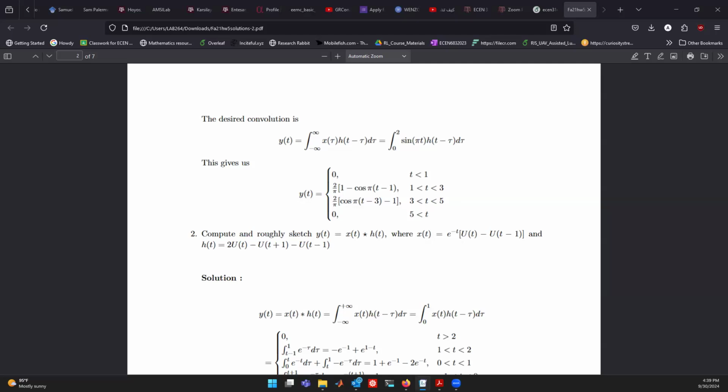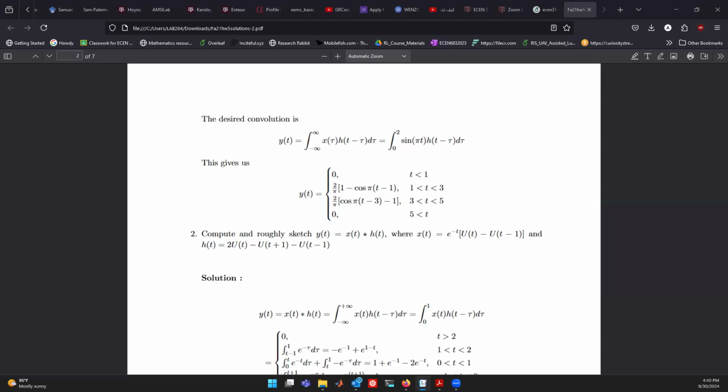Let's say y[n] will be the summation over k from minus infinity to plus infinity of x[k], the input, times the impulse response of the system, but flipped, or time reversed, and shifted by n, just in time domain. And this is discrete time.